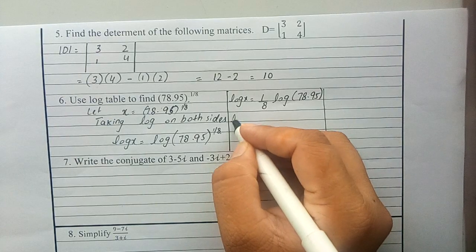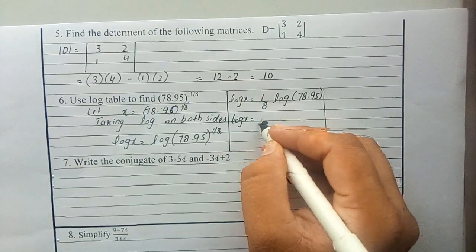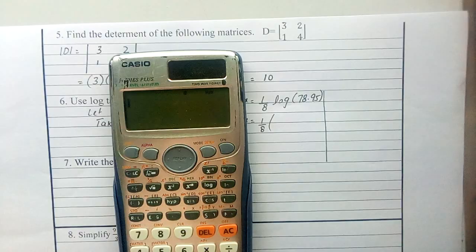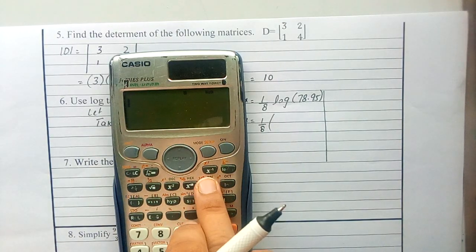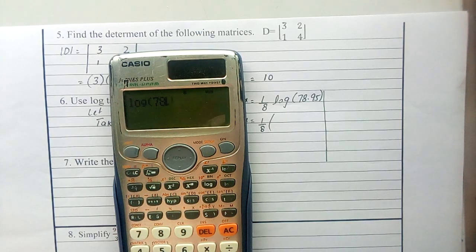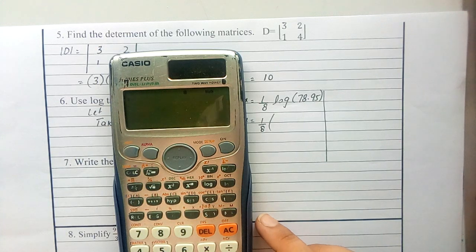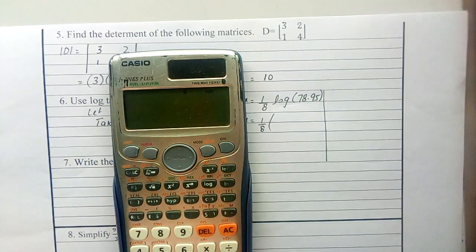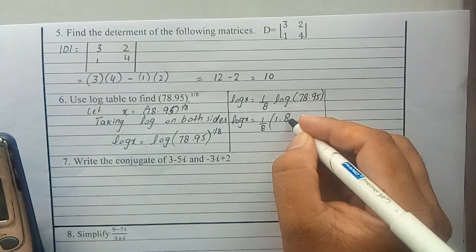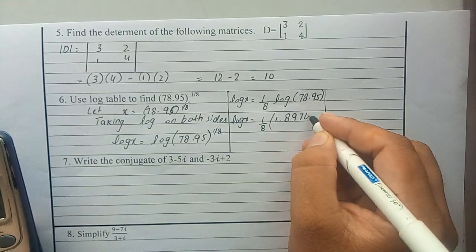Now we will find the value of log of 78.95 through the calculator. We will press log, next write 78.95, and the answer is 1.8974.